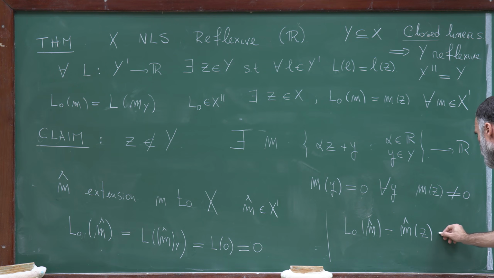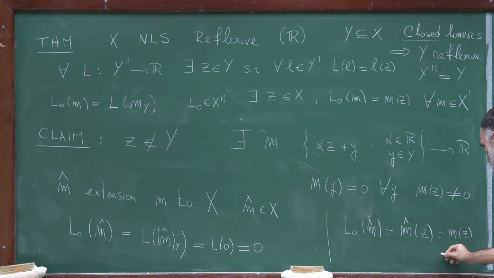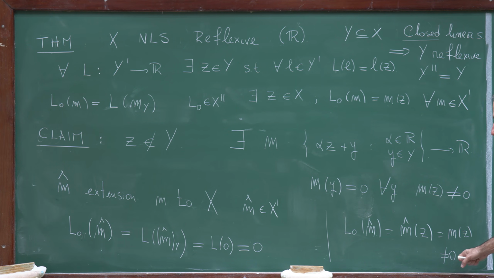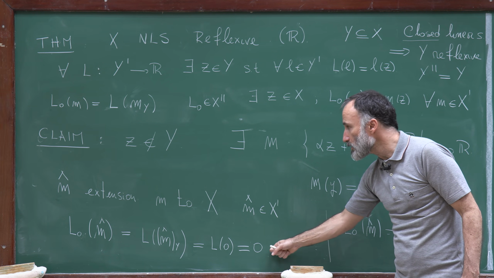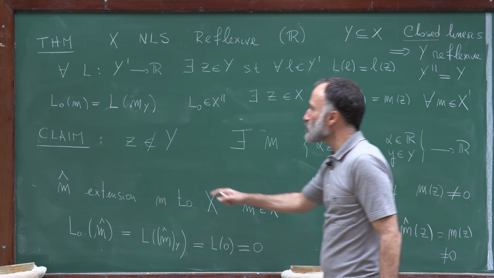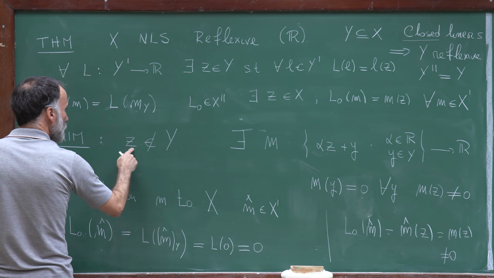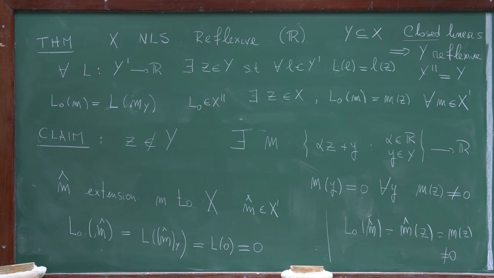M hat z, well, it's an extension, so this is M at z, and we constructed M in such a way that this is different from 0. So we get a contradiction, because on the one hand, L0 of M hat is different from 0, and on the other hand, L0 of M hat is equal to 0. So this proves that this point z has to belong to Y.